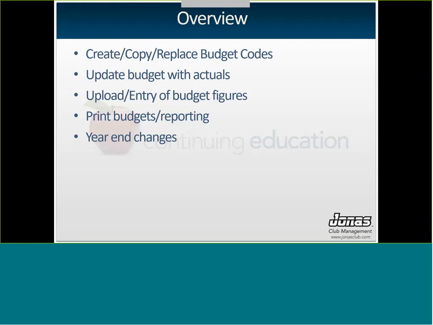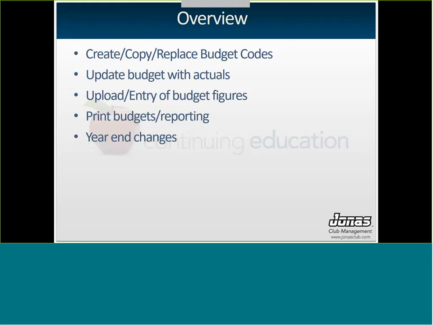We'll also talk about updating the information in that budget with the actual financial data that comes through. So after the fact, if you want to update your budget with your real financials, you definitely can. Once you've created that budget code, we'll talk about uploading your budget information into JONAS, the different formats that you might need, as well as entering the budget figures manually. So just depending on how you want to get your budget information in the system, we'll talk about your 2 different options.